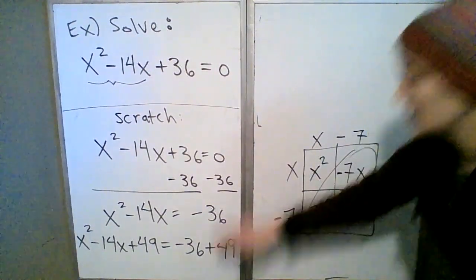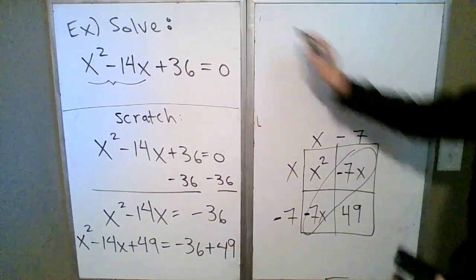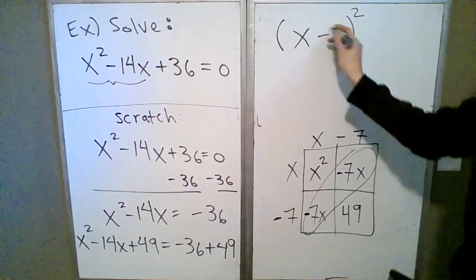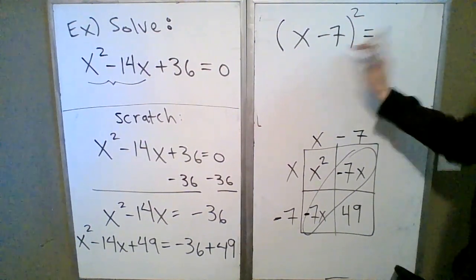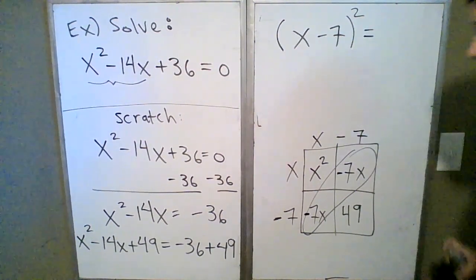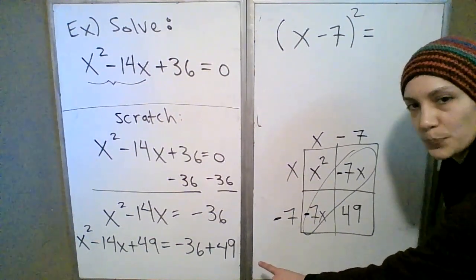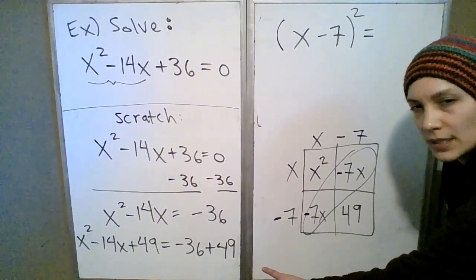Okay, so from here to here, we have completed the square on one side. It's x minus 7 squared. All right, 49 with negative 36, it's going to be 13.